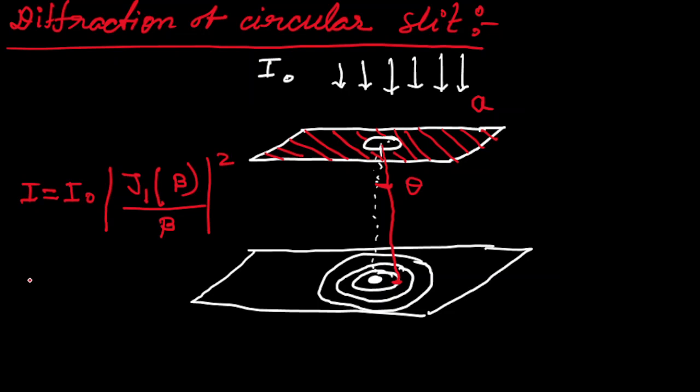In this case, what is beta? Beta is 2 pi by lambda into A sine theta. And what is lambda? Lambda is the wavelength of the incident wave. Okay, so this derivation we'll discuss later.